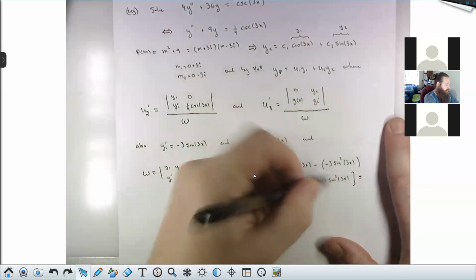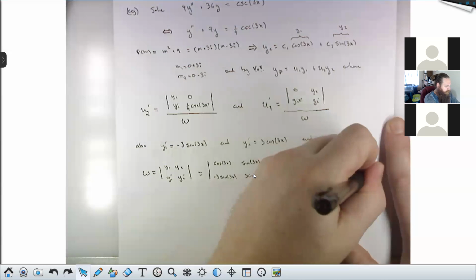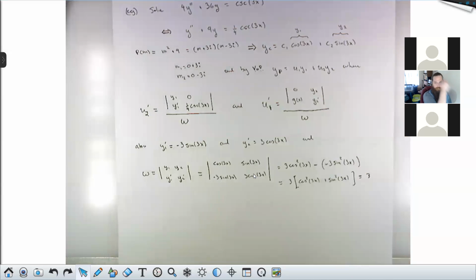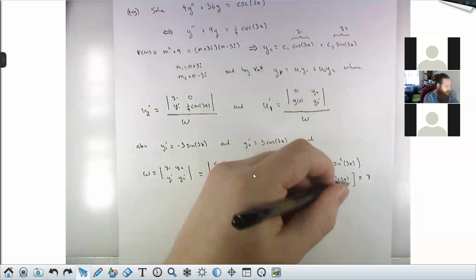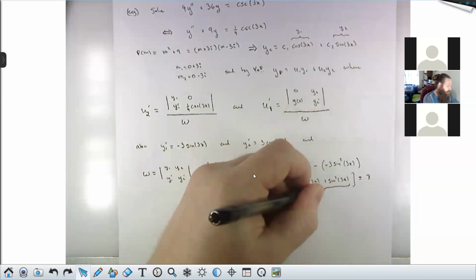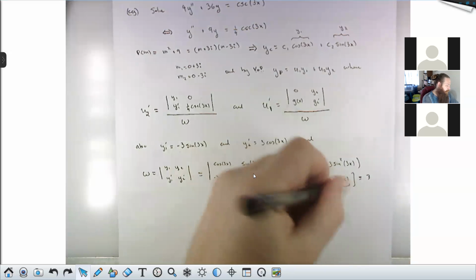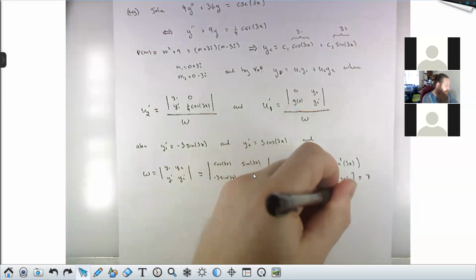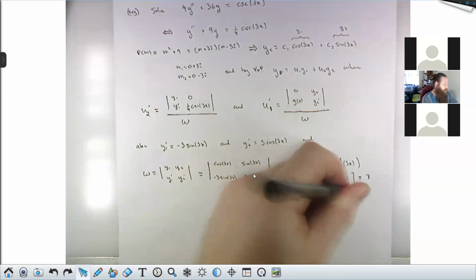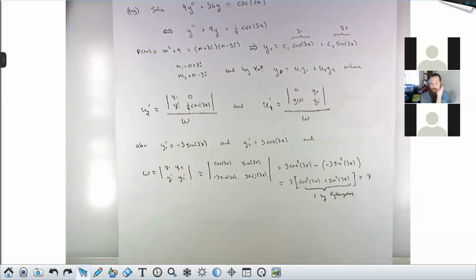And this cos squared 3x plus sine squared 3x, that's 1. So this is 3 times 1, or just 3. So that's nice. Your Wronskian here is constant, because this piece is 1 by Pythagoras, the Pythagorean identity for sine and cosine.